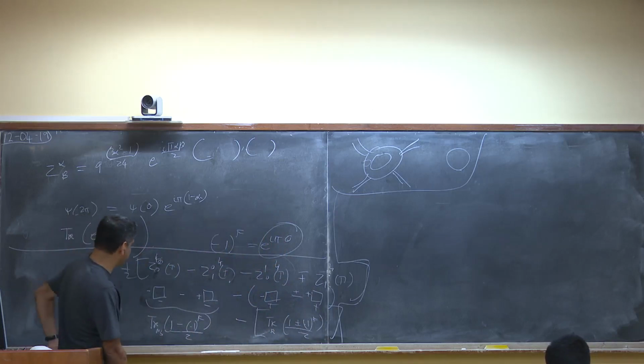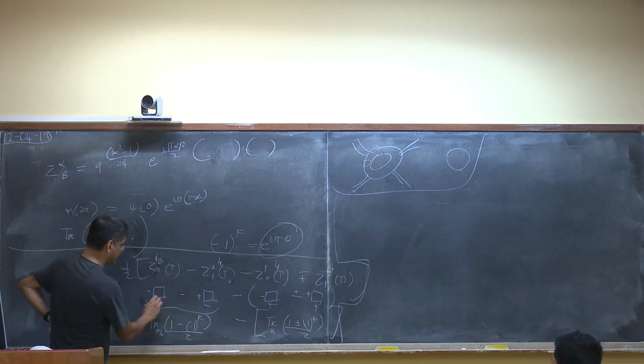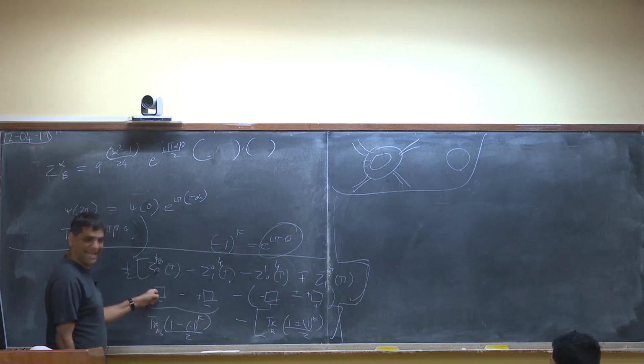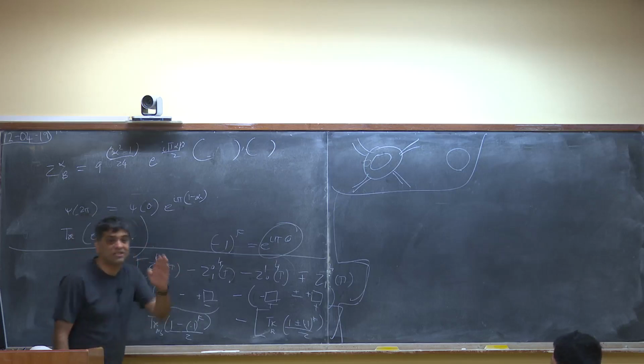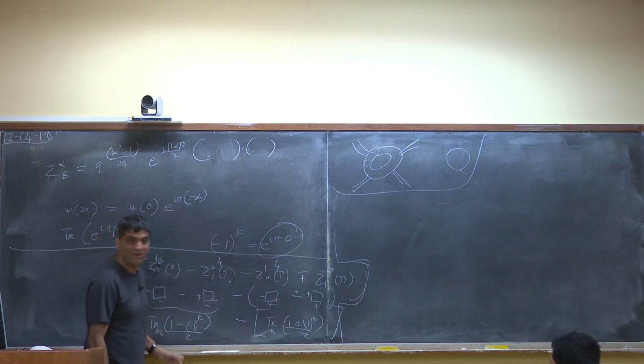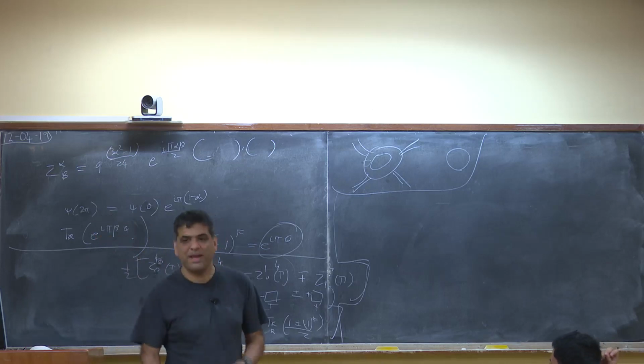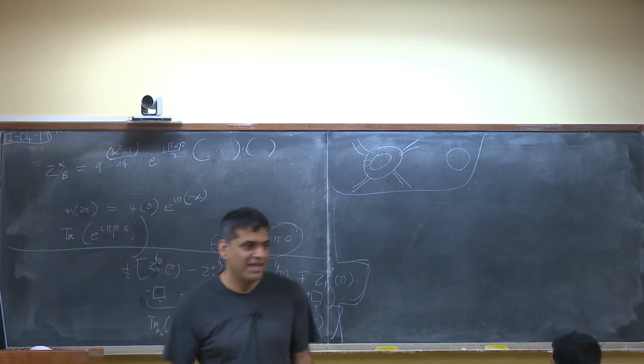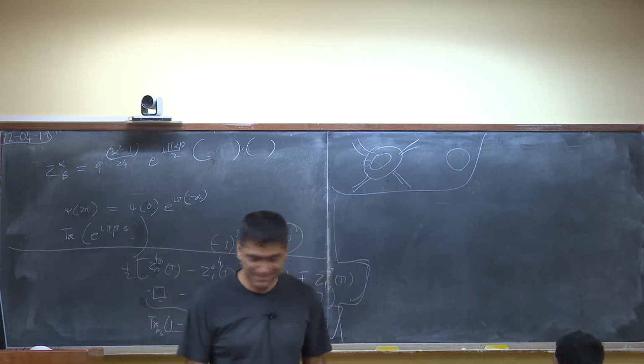Suppose I go to this cycle, then this guy becomes plus minus. So that's what tau goes to tau plus 1 will do. But it looks wrong because this guy came with a plus and this guy came with a minus. So it looks like, despite all my brave reasoning, this object is not modular invariant.